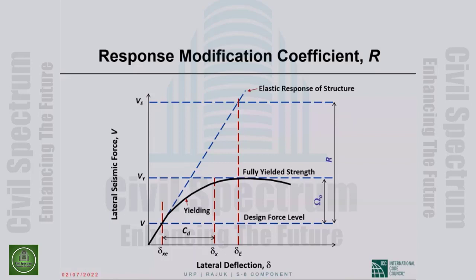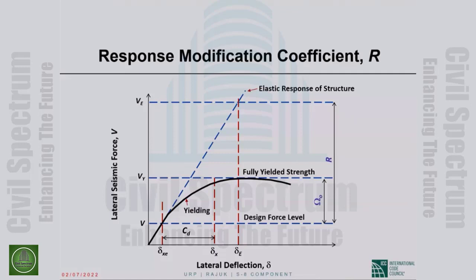The total number of systems is somewhere in the 70s. For each system, we are given 3 parameters: R, C sub D, and omega sub 0.